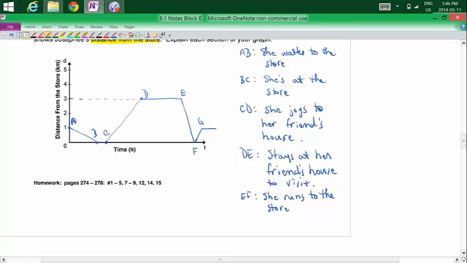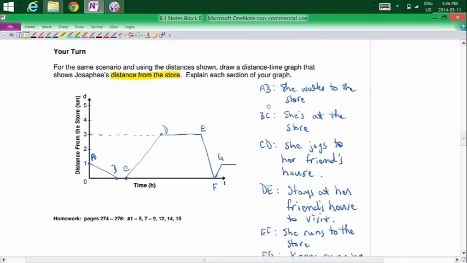And then from F to G, she keeps running to her house. And then this little flat line here just means that she's staying at her house, so the distance doesn't change, only time changes. And that concludes the Your Turn.